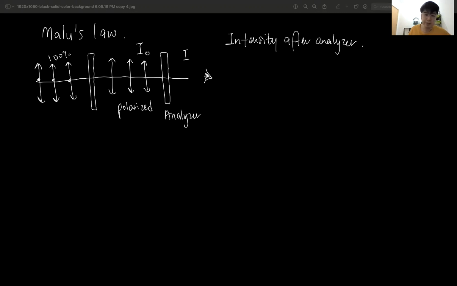Let's say we have, first, the ray. This is the polarized ray that is coming to the analyzer. Let's say that it has an amplitude of A0, like this. Now I put the analyzer like this, the vertical analyzer, so it can pass through. What happens when I rotate it?